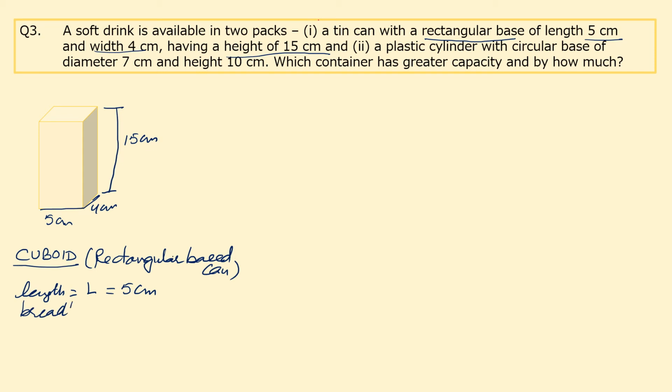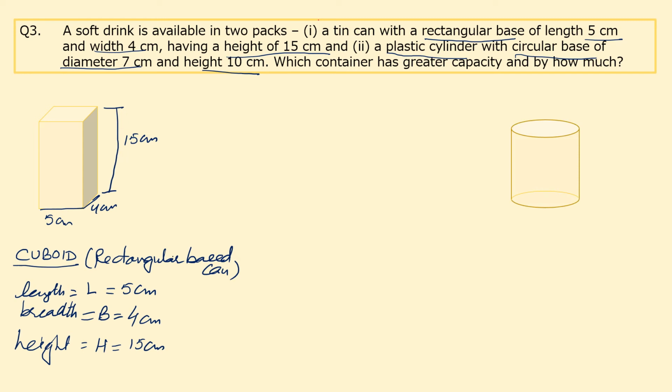Its breadth, let's take it as capital B, which is 4 centimeter, and its height, let's take capital H, it is 15 centimeter, right? Let's see further. Second container is a plastic cylinder. This is given to us that it's a cylinder with a circular base of diameter 7 centimeter and height 10 centimeter. Let's visualize this also. See this.